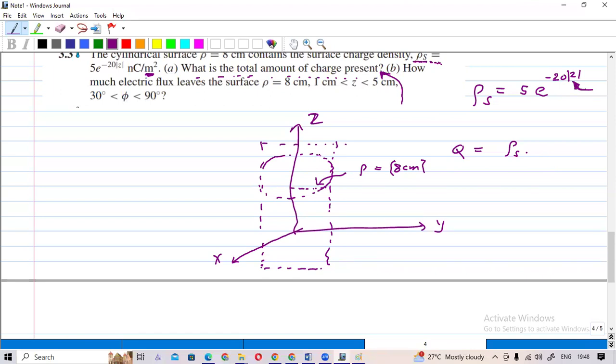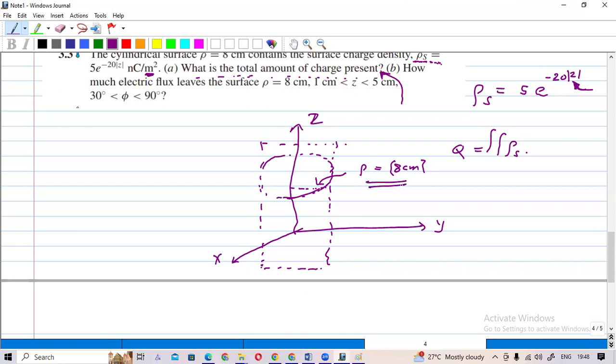So what is the surface? The surface is this one, this cylindrical surface.